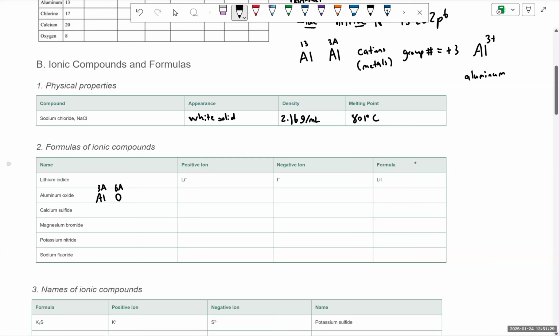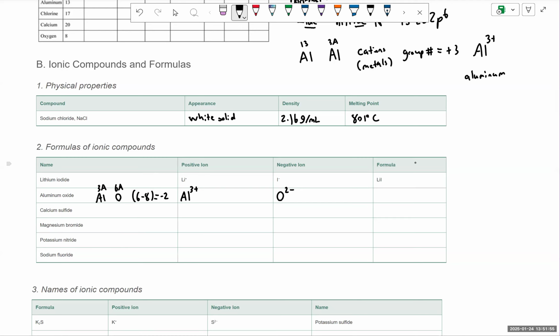For cations, they prefer to adopt a charge equal to their group number. So aluminum prefers to ionize to yield aluminum 3+, while oxygen prefers to adopt a charge of the group number -8, which would be -2. So oxygen prefers to form the oxide ion, which is O2-.